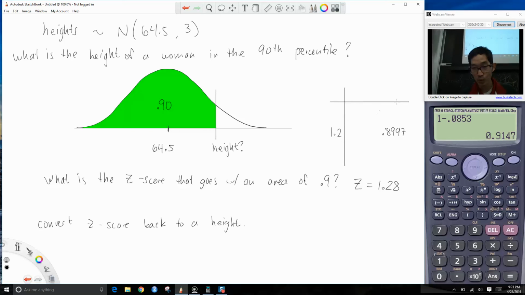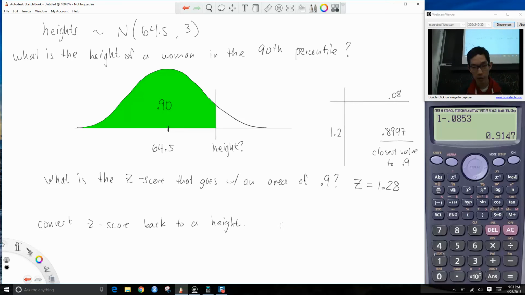So the closest value to 0.9 is 0.8997, and that's z equal to 1.28. Is that all right?